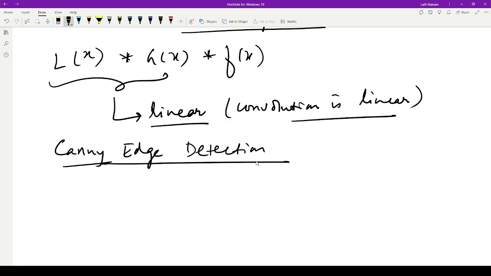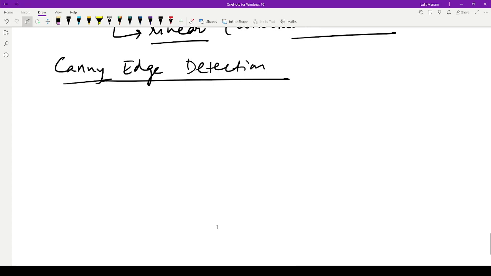Okay, what error? How do you define error? Like multiple responses for a single edge. Okay, but is that how error is defined?